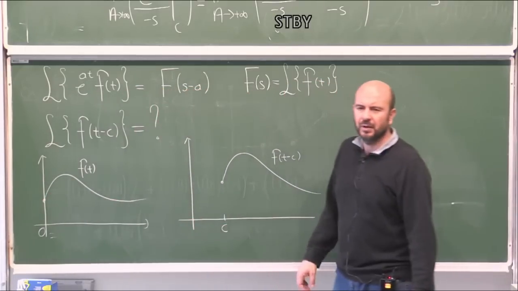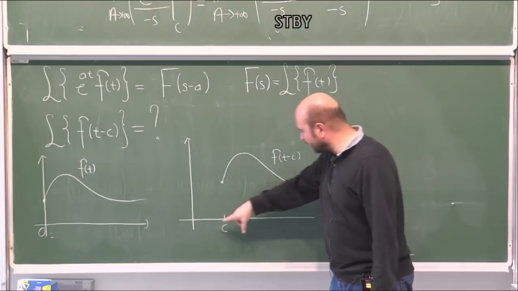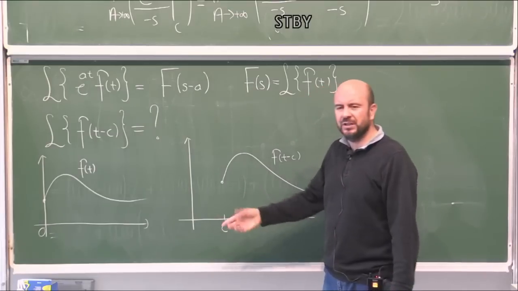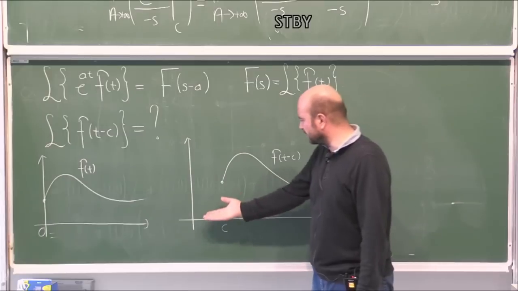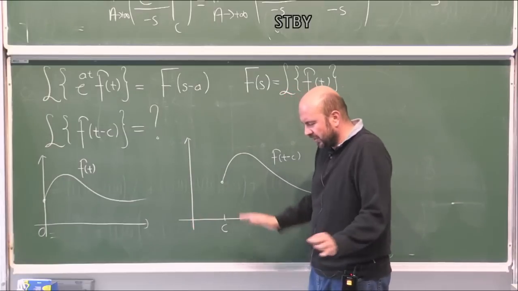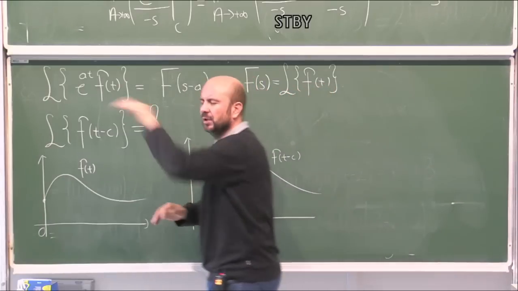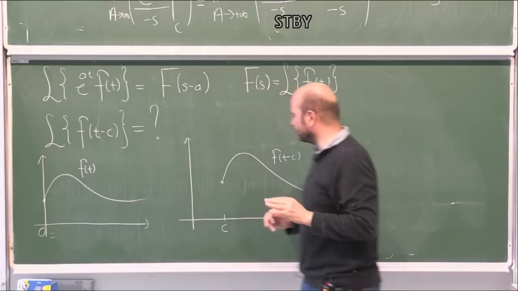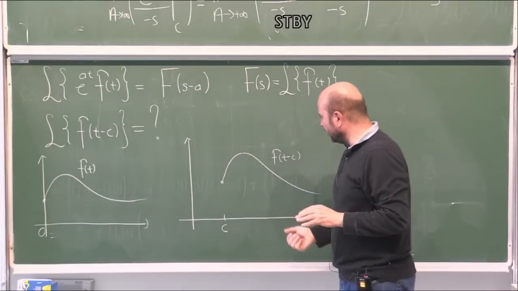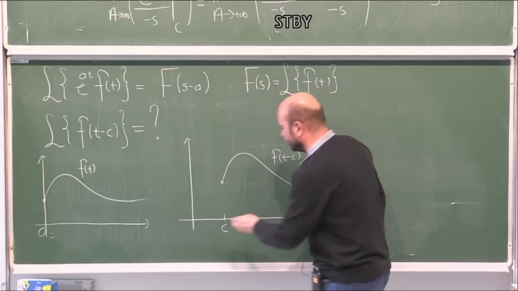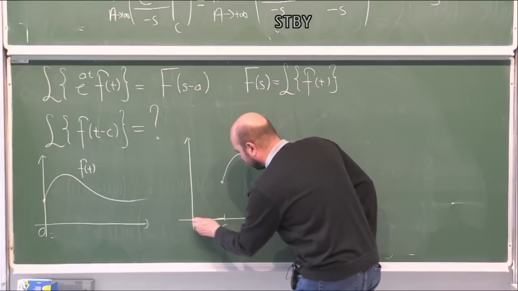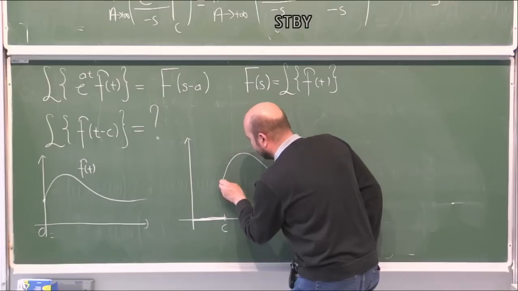But I want to fill that part with 0 because I want to think of it as a delay: my signal is nothing, it is 0, and then it starts.